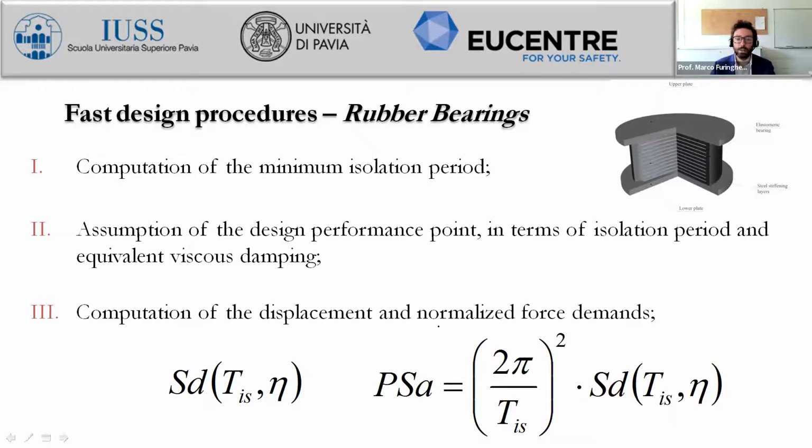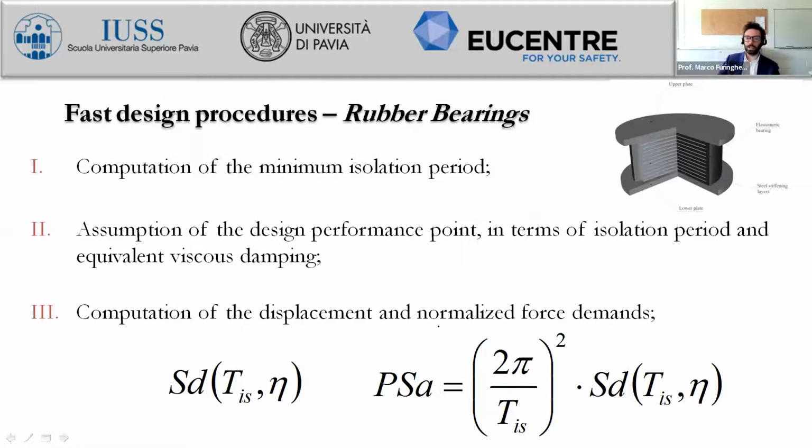So how to compute the minimum isolation period, and with respect to that value of period, we will have no improvement between the isolated structure and the fixed base structure. Okay, because we have exactly the same spectral coordinate in the acceleration spectrum, and this can be directly associated to the base shear of the overall structural system, so there is no improvement.